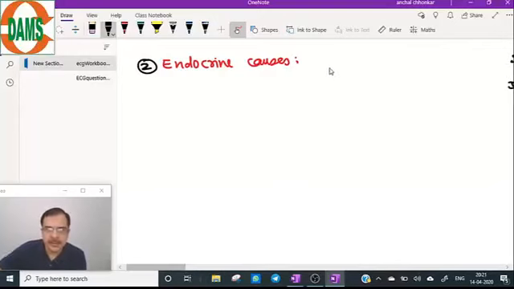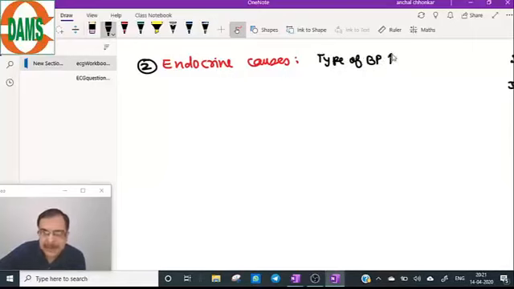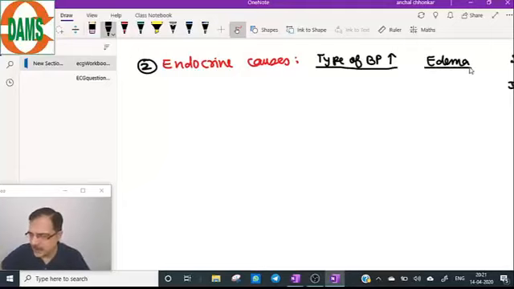Endocrine causes we can identify with the help of the type of blood pressure which is elevated, whether it is systolic BP or diastolic BP, and presence of edema. So number one cause: identify the type of blood pressure which is elevated.